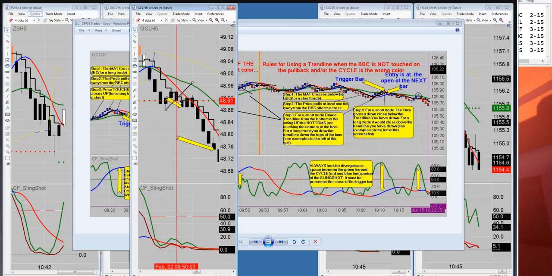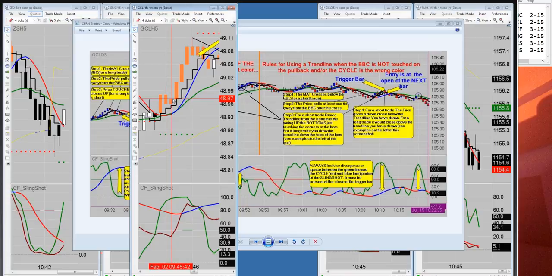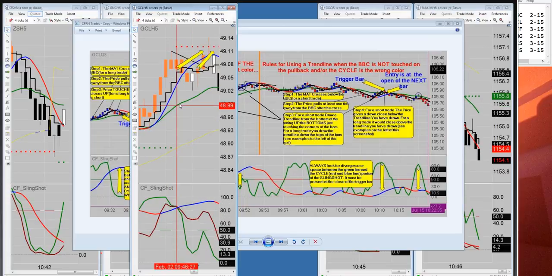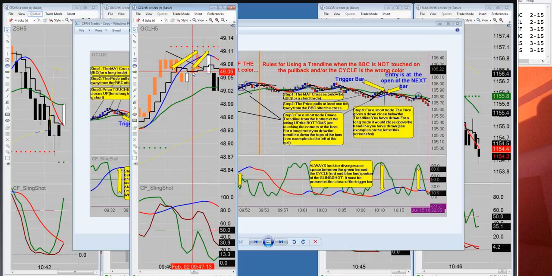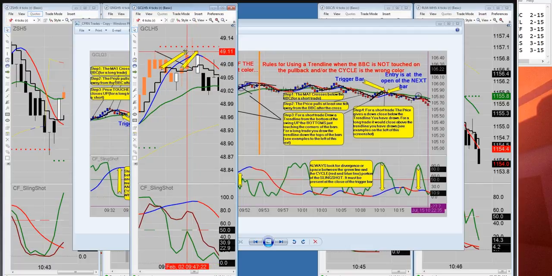Now you still got to have divergence, and right in here we had nice divergence between the green line and the cycle. On the up close is where you would enter. I entered on the up close, and in this case it was a momentum trade because the up close happened to be above the MA1 as well.